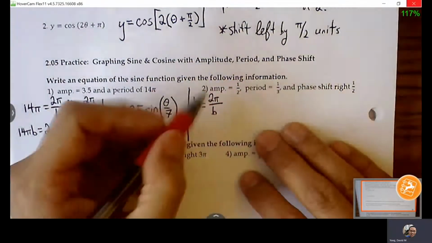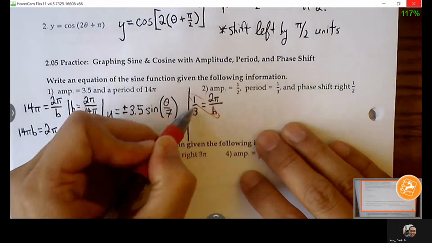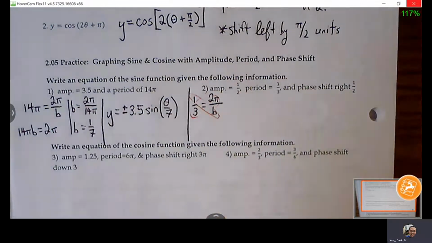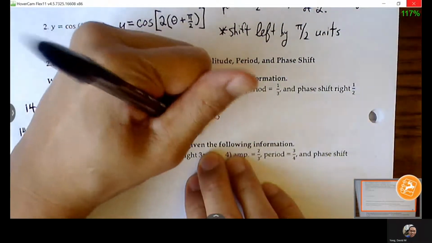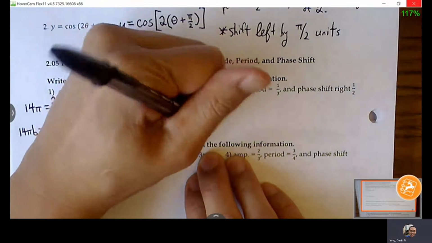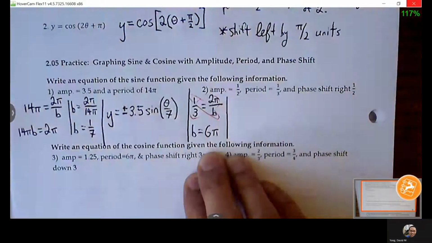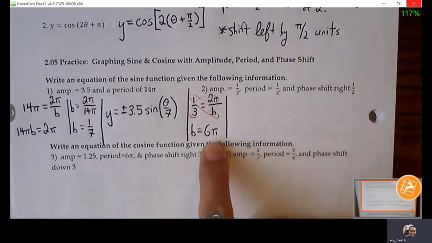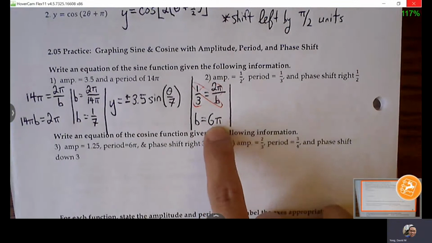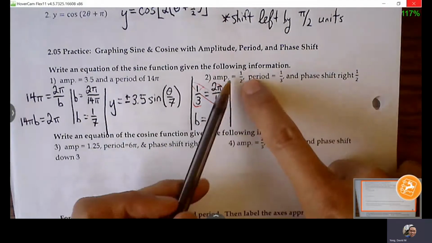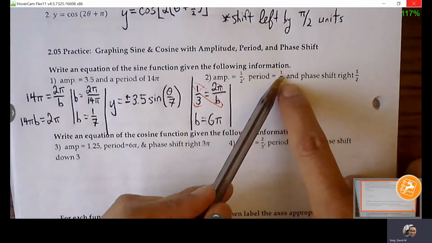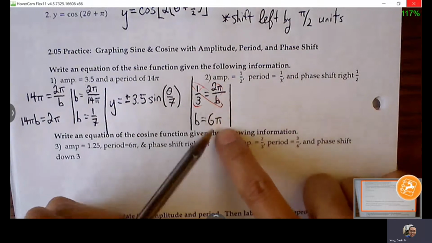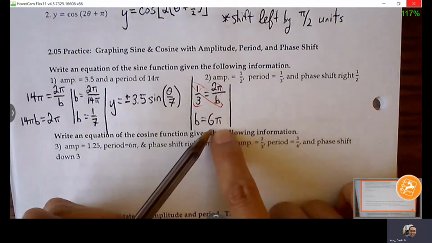I can solve for b. Two times 3 is 6. Okay, it seems strange looking at the b value with pi involved, but that's because the period doesn't have pi to begin with. So when we go through this formula, it just ends up being part of the b value.